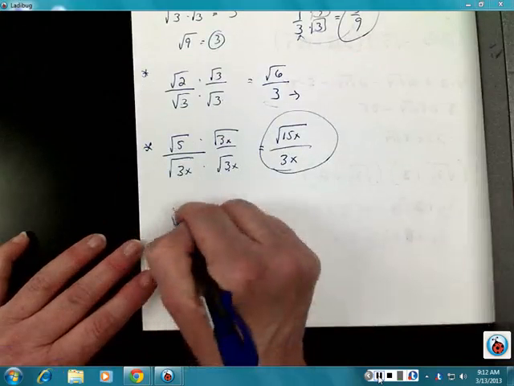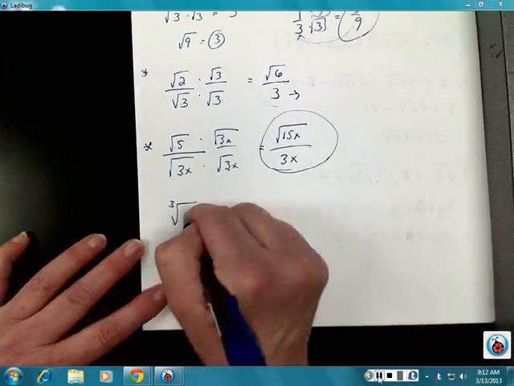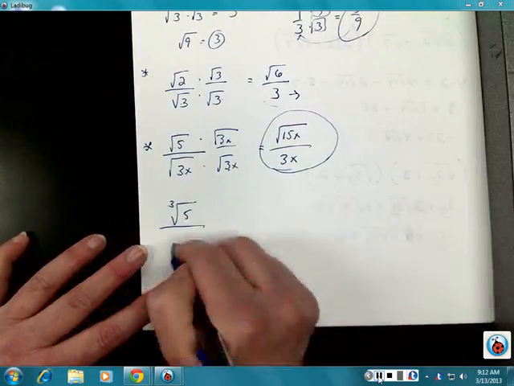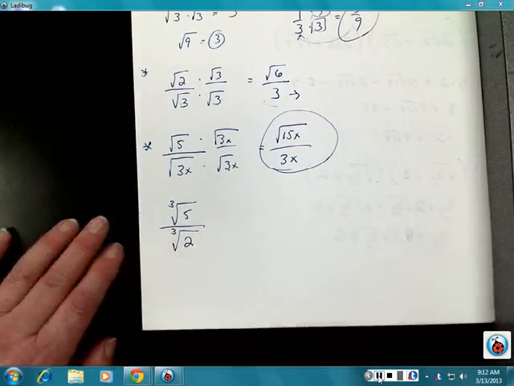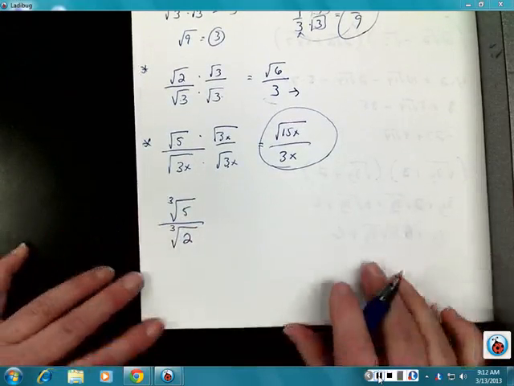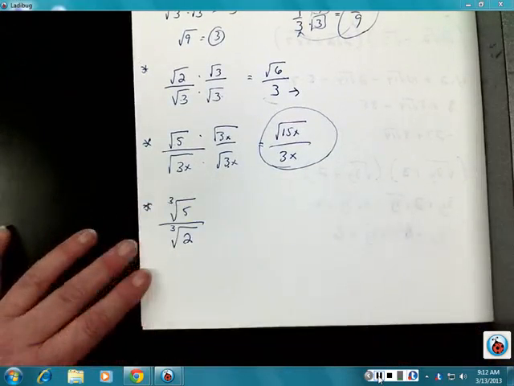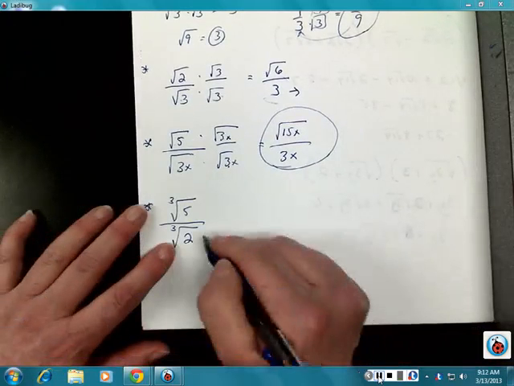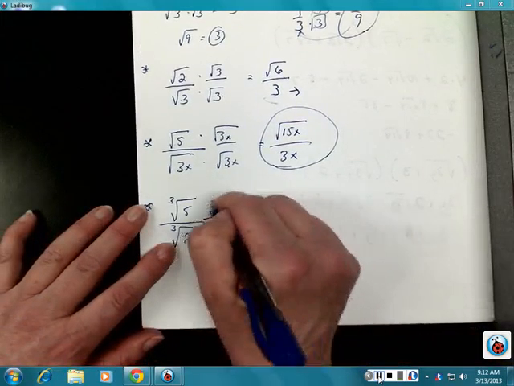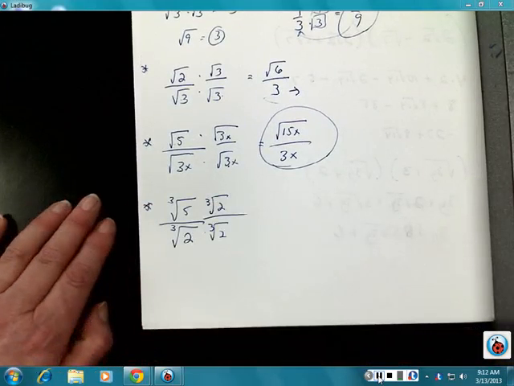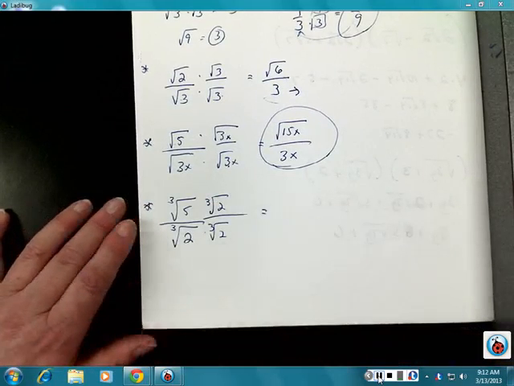Because what happens with these is they may have the cube root of 5 over the cube root of 2. Now the reason cubes get a little more difficult is because if I just simply multiplied this by the cube root of 2 and the cube root of 2, kind of looks good, doesn't it?